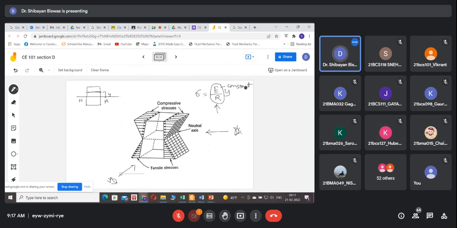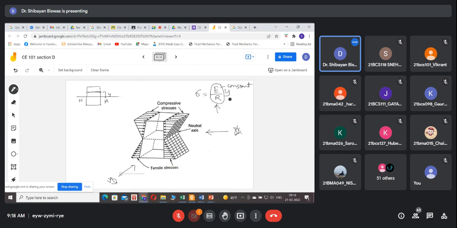E by R is the constant part, so this will remain constant for the entire beam section, whatever we are considering for that moment. Y and sigma are the variables. If Y is 0, sigma becomes 0. When can we say Y becomes 0? What is the distance Y?